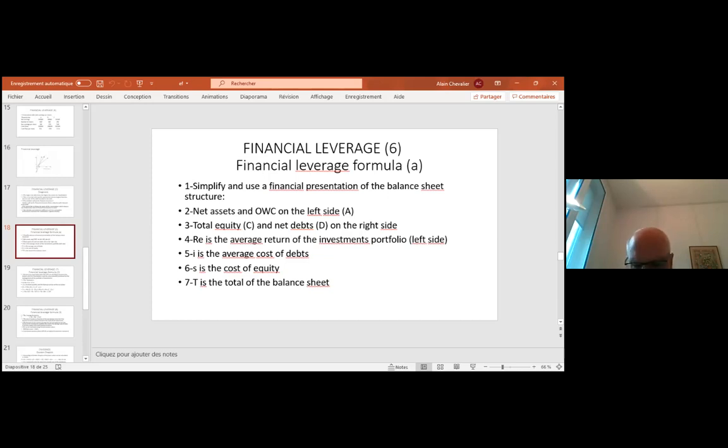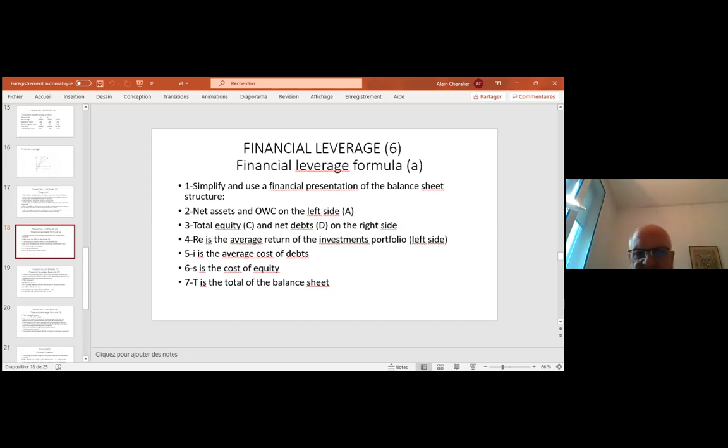In this presentation, you find on the left side the net assets and the operating working capital. It means you move different categories. Take the assets minus amortization, depreciation, all the accumulated amortization, depreciation, plus the inventories, plus the receivables, minus all the operational debts. And the idea is that it's very close, or it's a good proxy, to the investment portfolio of a firm.